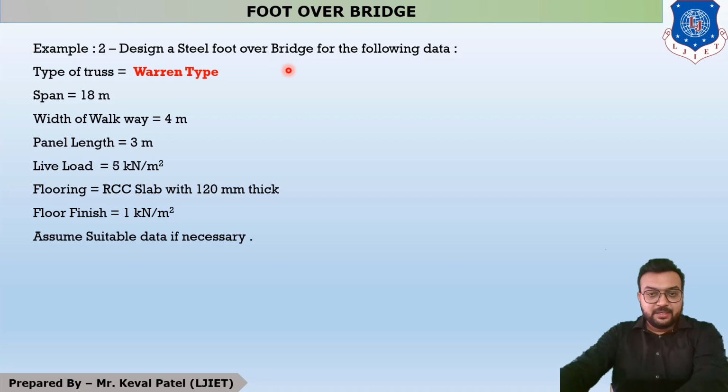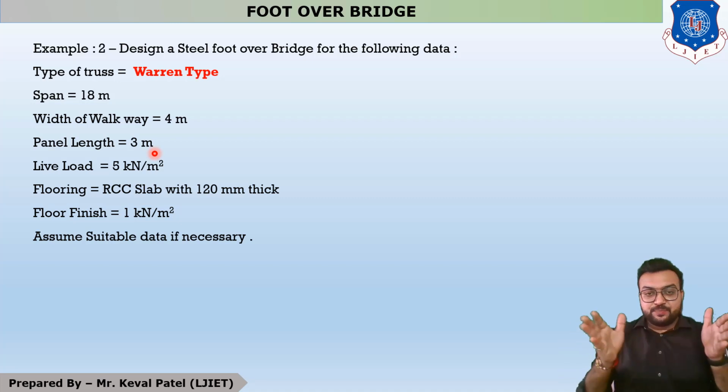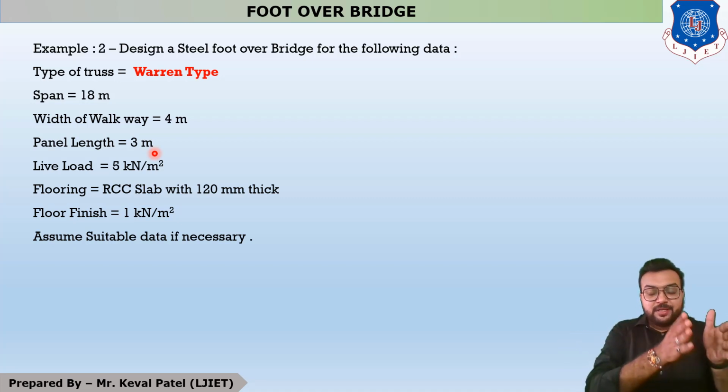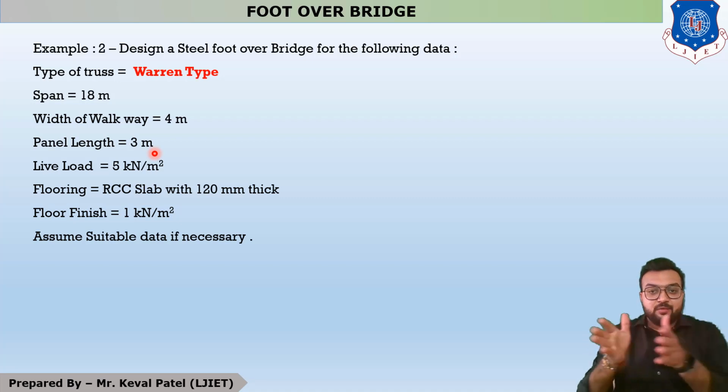Type of truss is Warren type, span of bridge is 18 meter long. Width of walkway is 4 meter. Panel length is given as 3 meters.